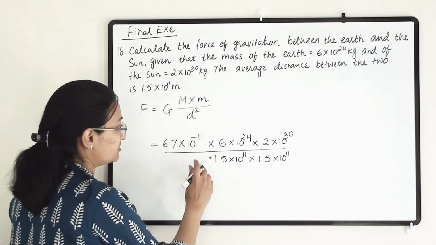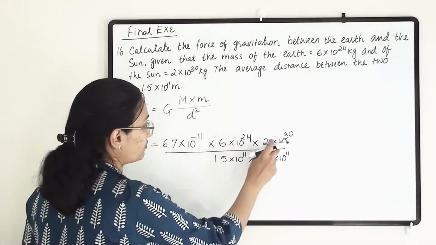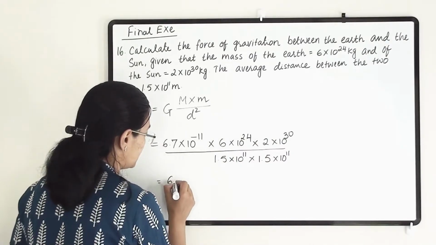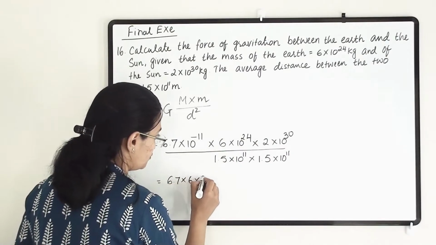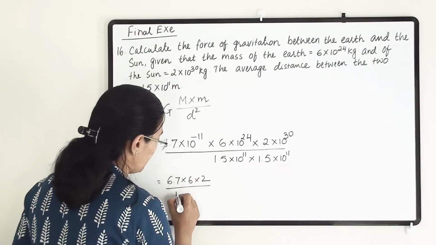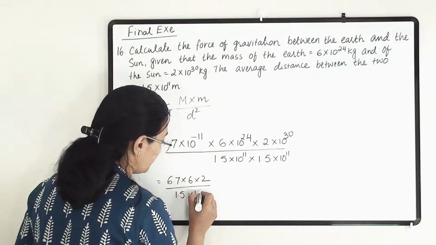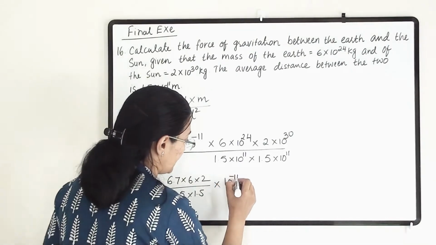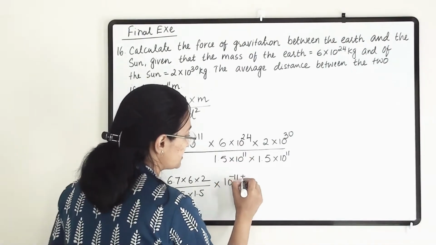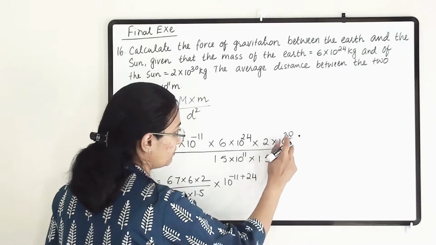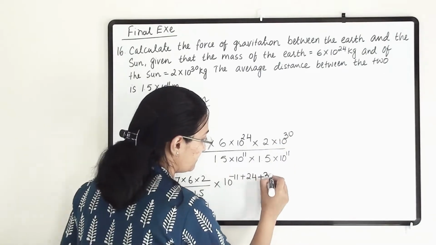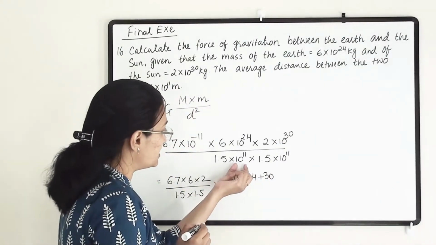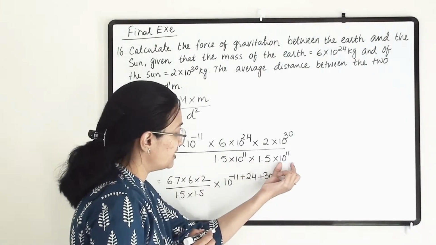Now let us solve this. First let us solve the power of 10. So that is 6.7 into 6 into 2 divided by 1.5 into 1.5, in multiplication with 10 raised to minus 11 plus 24 plus 30. Now in the denominator, 10 raised to 11 and 10 raised to 11 are there.